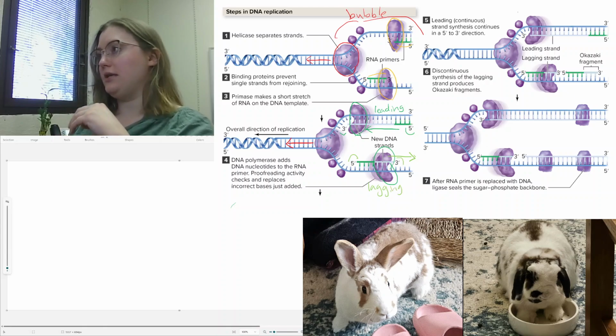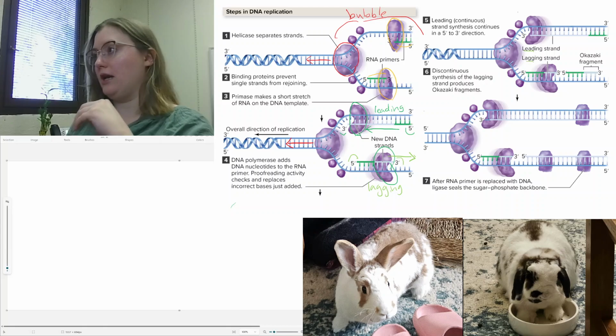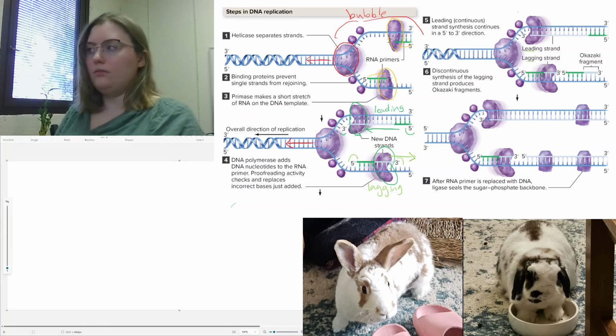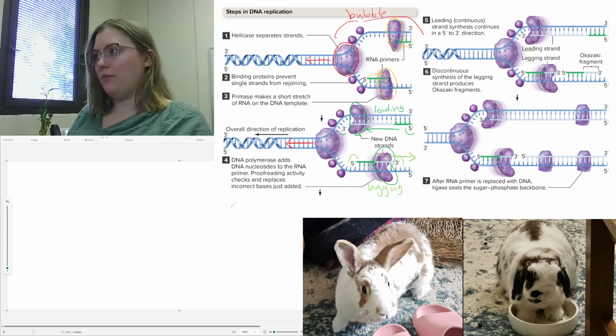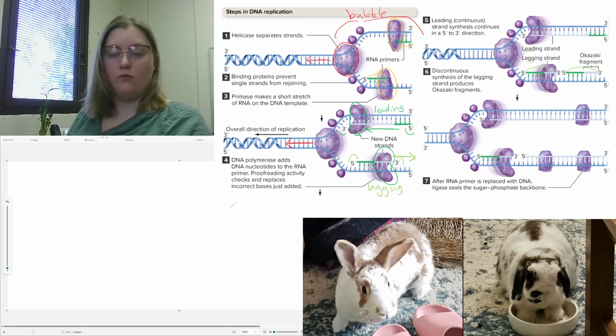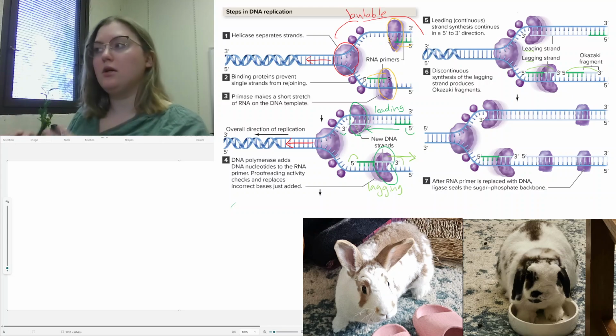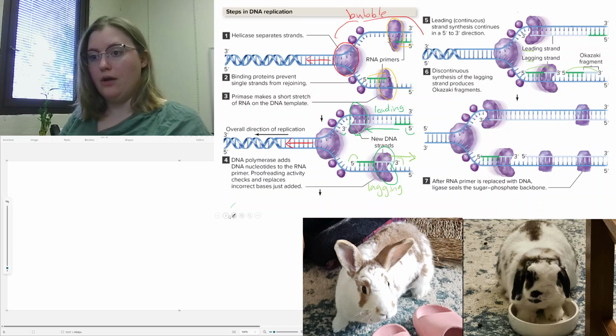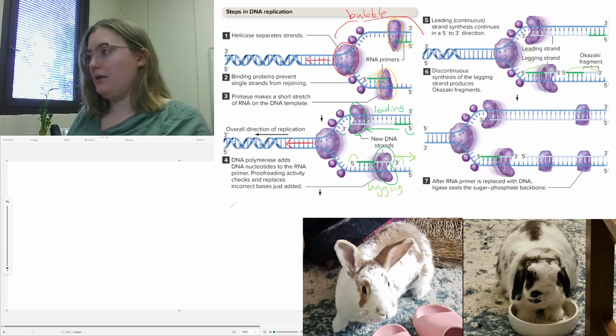Okay, and so you can see that up here in this one. We've got our leading and lagging listed, and you can see now what these fragments look like. We've got one fragment here and one fragment here, right? So the leading strand is a solid continuous piece. The lagging strand has Okazaki fragments, okay? And then our last little step here is ligase.